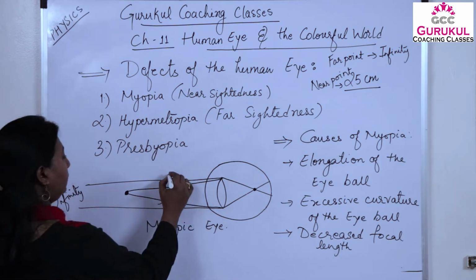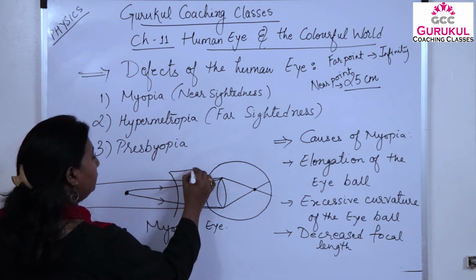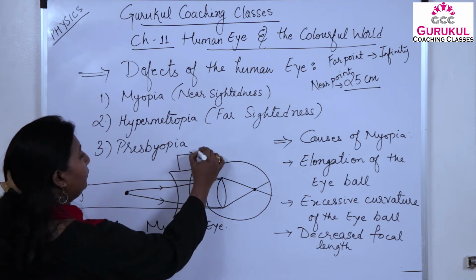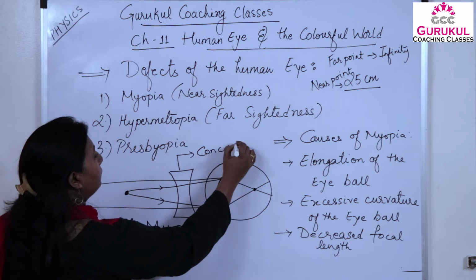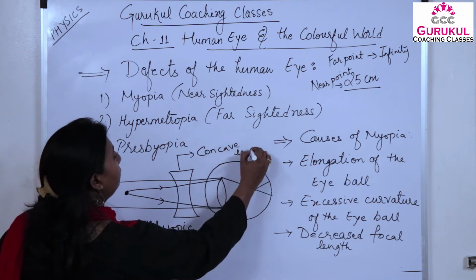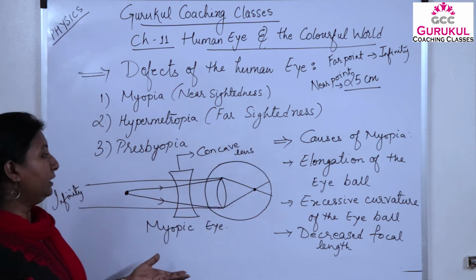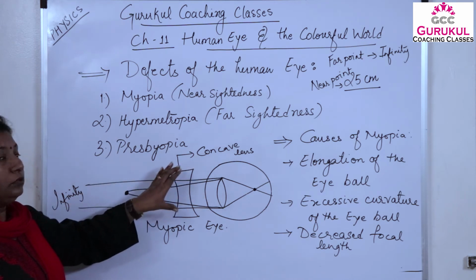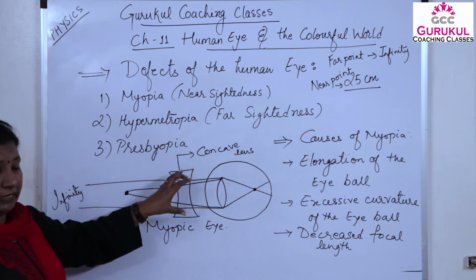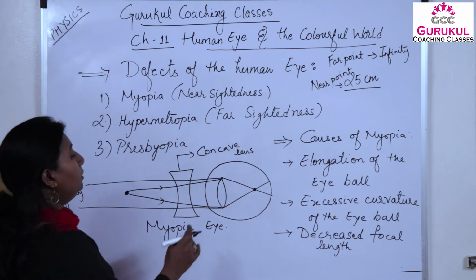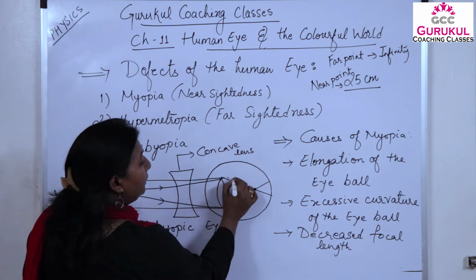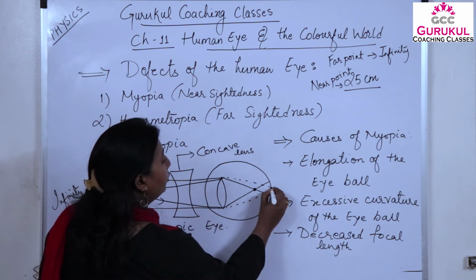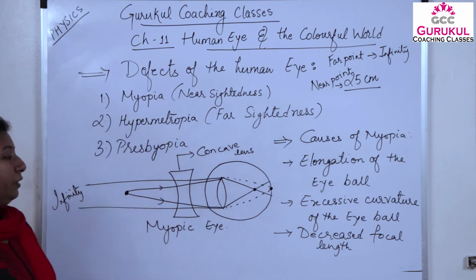Suppose if we are putting a concave lens over here, this is a concave lens. Whenever the rays fall on the concave lens, they will be diverged. So ultimately the image of the object will be formed on the retina.